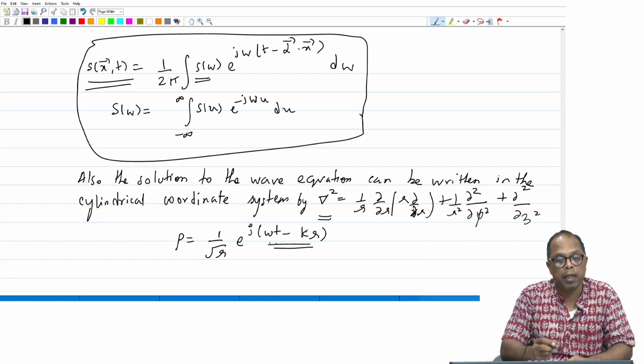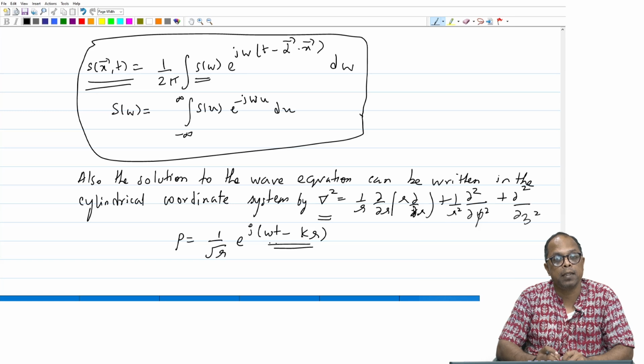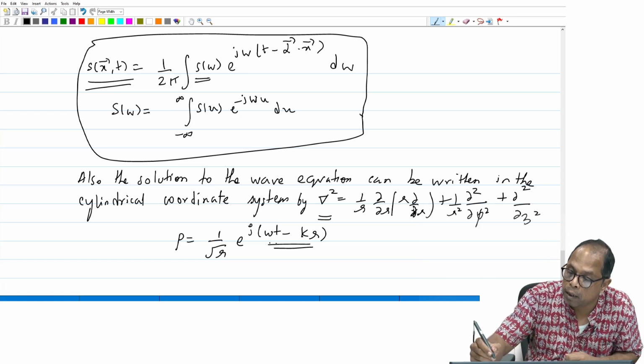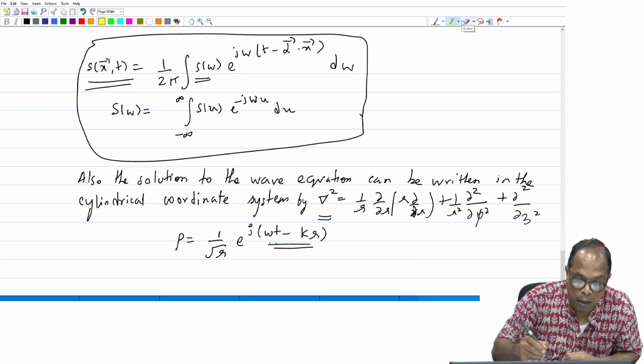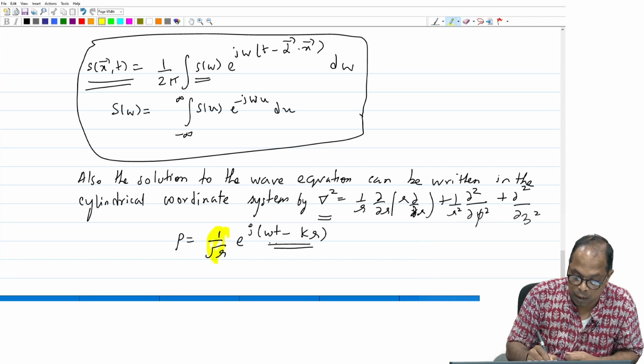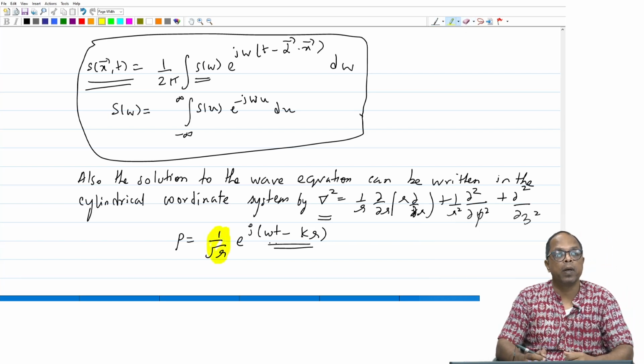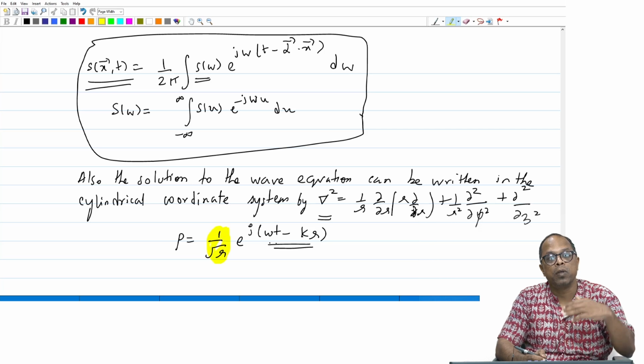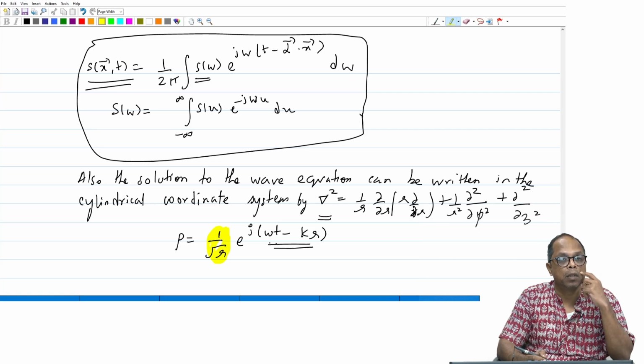The thing that's new when we write the solution in the cylindrical coordinate system is the 1 by square root r factor. This suggests that the wave is going to spread, that its amplitude is going to go down as a function of 1 by square root r as it propagates farther in range.